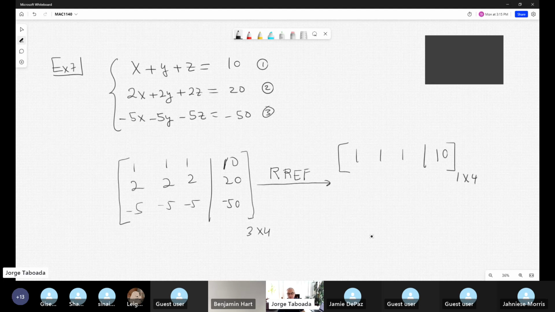1, 2, 3, 4. The reason is clear. The elimination process discovered that there are 2 equations that depend on the first. And it's obvious, because if you multiply equation 1 by 2, you get equation 2. So equation 2 depends on equation 1.